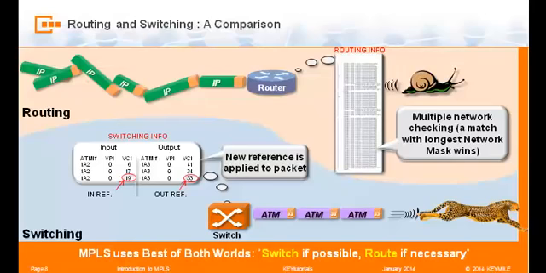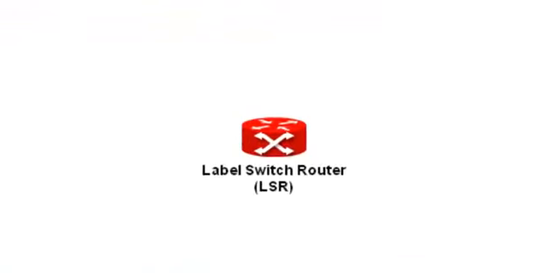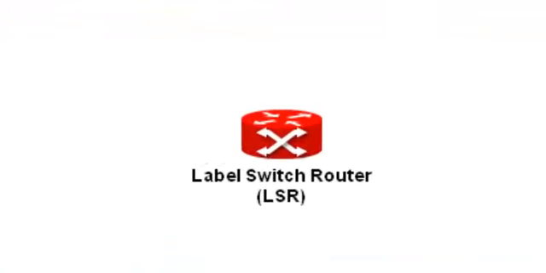And the device that makes MPLS so efficient is called the label switching router, or label switch router, or LSR for short. It's a combination of a switch and a router. And in reality, LSRs are often classical IP routers which have been MPLS enhanced in a software upgrade.